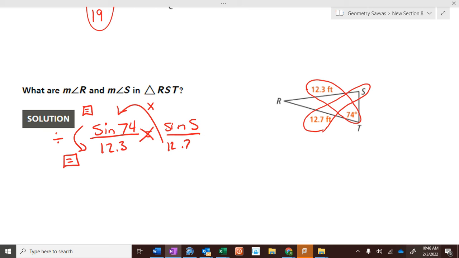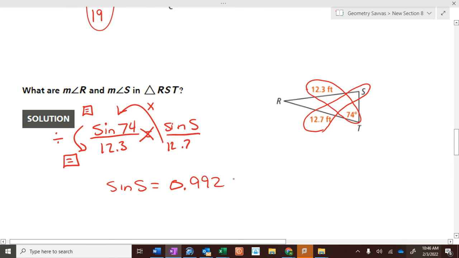Well, that's the sine of the angle is what you just found. So the sine of angle S equals, give me 4 decimal places. So how do we get S alone? We move the sine to the other side, which makes it the inverse sine.